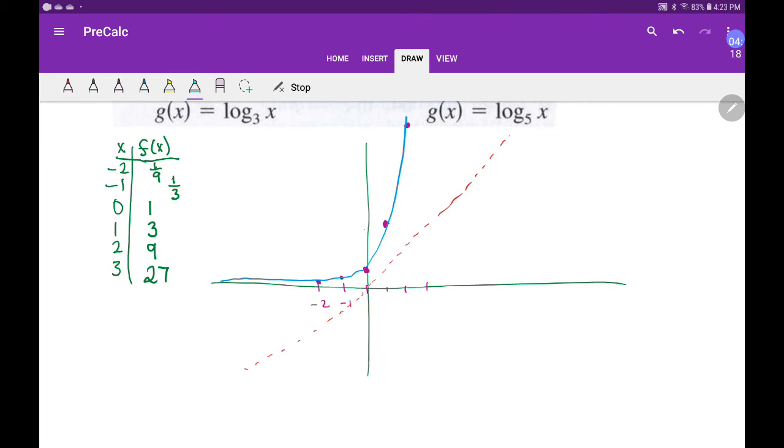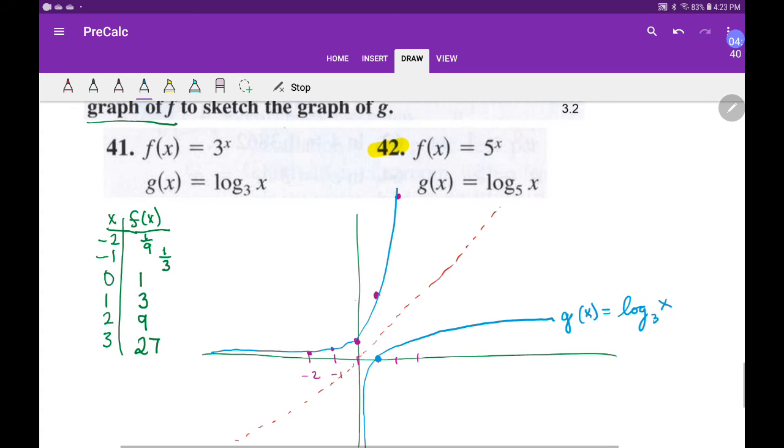Well, the reflection through this line would be like that. Okay, so here's g of x equals the log base 3 of x.